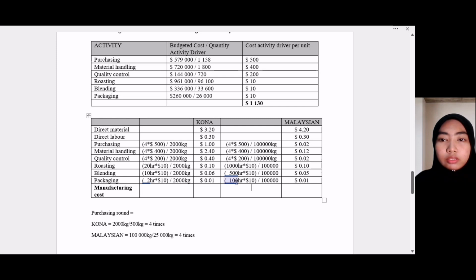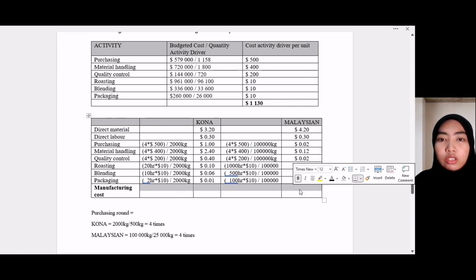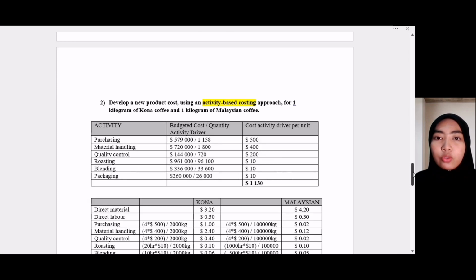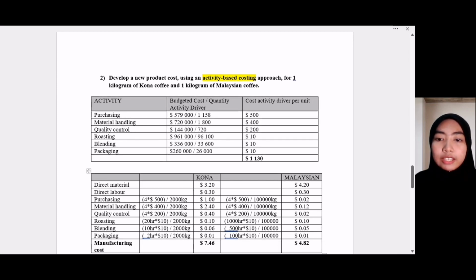Sorry, for the packaging, Malaysian coffee consumes 100 hours. Okay, so we just add all of these costs to know the manufacturing cost for each coffee. For the Corners coffee, the manufacturing cost is $7.46, and for the Malaysian coffee, it is $4.82. This is using the activity-based costing.